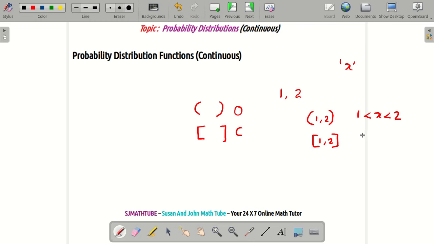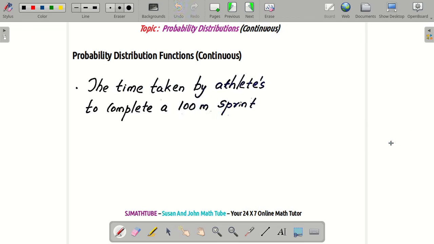And for the second one, you can write 1 ≤ x ≤ 2. That means the number I am using is between 1 and 2, exclusive here and inclusive over here. So now we know how to list all the numbers between 1 and 2. No, we cannot list, but still we have a notation.